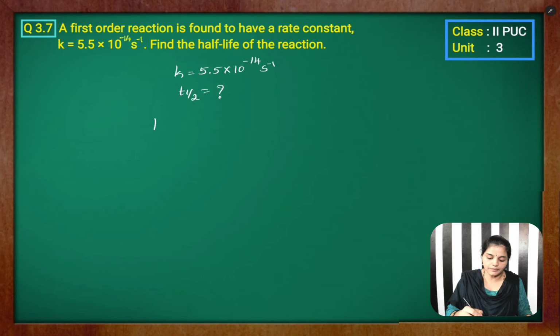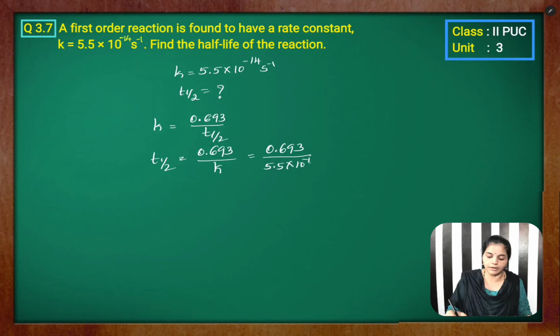So we have the formula. For the half-life of a first order reaction, K is equal to 0.693 divided by T half, or T half is equal to 0.693 divided by K. That's equal to 0.693 divided by 5.5 × 10^-14 per second.